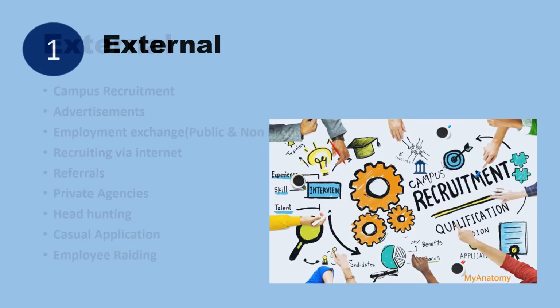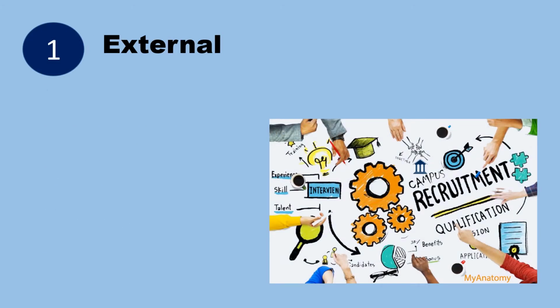First in this list is campus recruitment. Campus recruitment is a very familiar term. Employers come to campuses and recruit directly from campus. Mostly this is for entry level jobs.